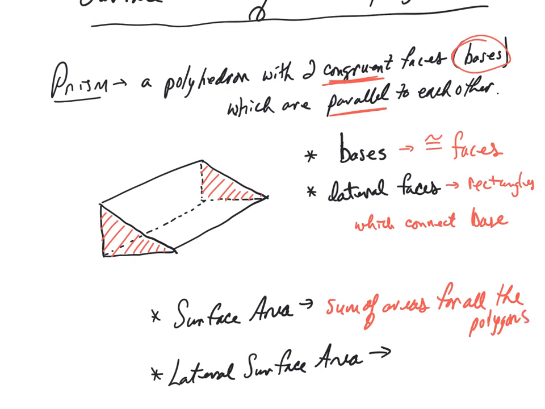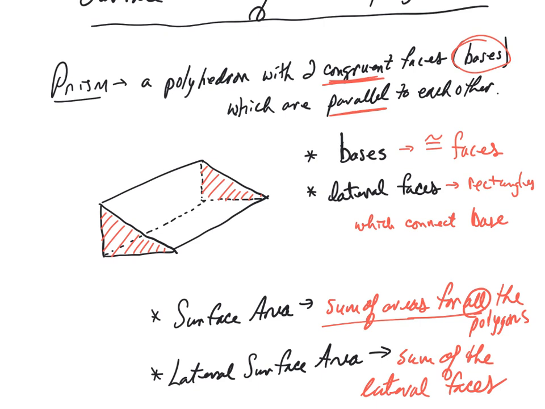So we're going to sum all the areas for all of the polygons. Now, if we ever are asked for just lateral surface area, that's going to be the sum of the lateral faces, so just the rectangles that connect the bases. There's going to be times when we only want lateral surface area as well.